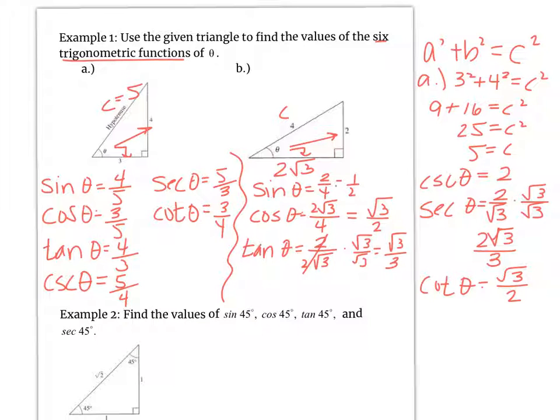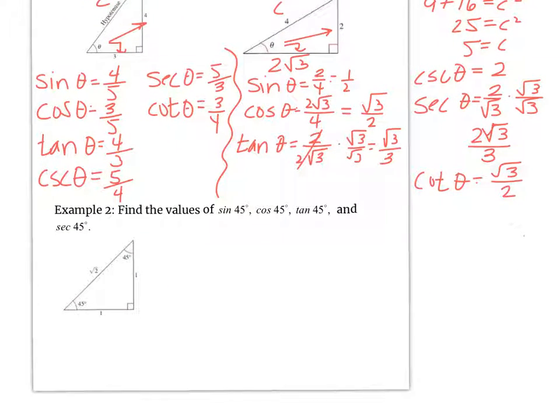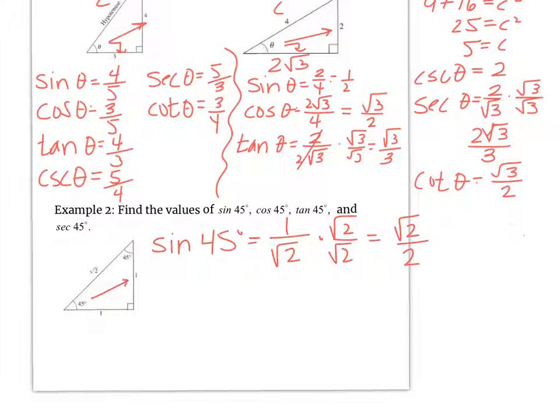And then for example 2, we're going to do the same exact thing. This time we're using a 45-degree angle, so either one of these is appropriate. If we do the sine of 45 degrees, we get 1 over the square root of 2. When I rationalize that, I get square root of 2 over 2.